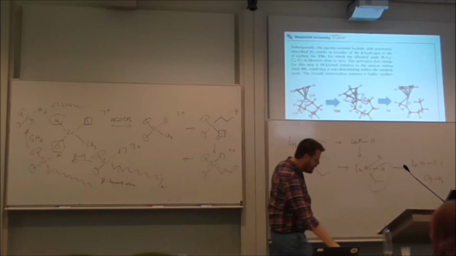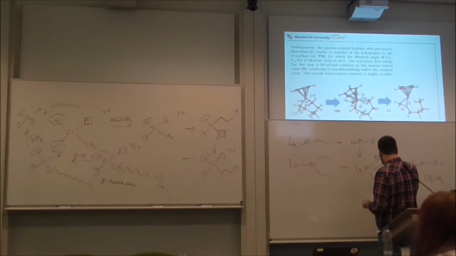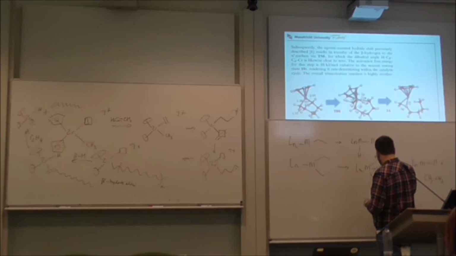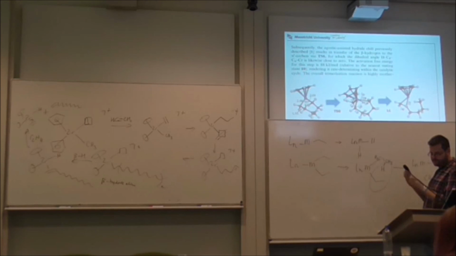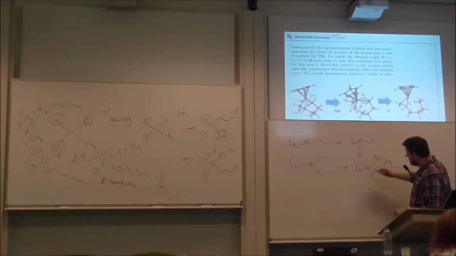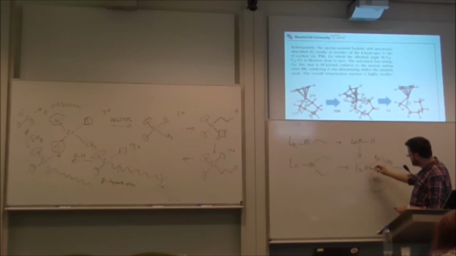But the way to actually think about it is, let's draw it like this. So that's the starting point, dialkyl. We start getting an agostic interaction. The agostic interaction starts weakening this bond. What else happens? We start giving some electron density from the metal to this bond.